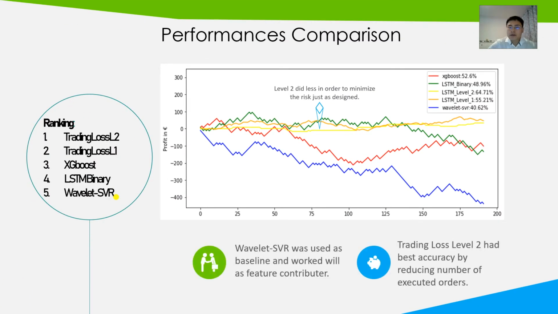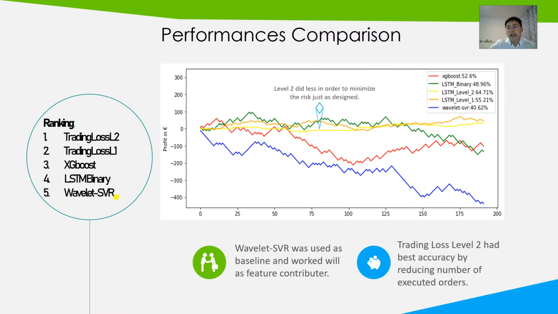This is the performance comparison. In total, we trained the model using more than 9,000 hours of data from the past 2 years, and the baseline Wavelet and support vector regression model gave us just around 40% accuracy, which would be very bad for trading purposes.